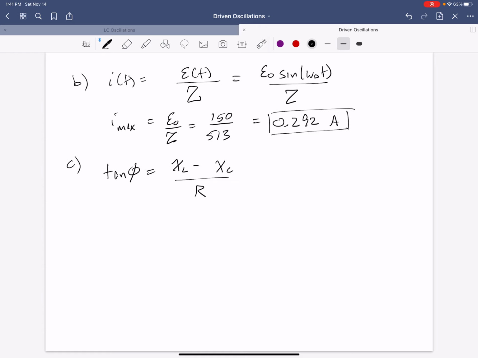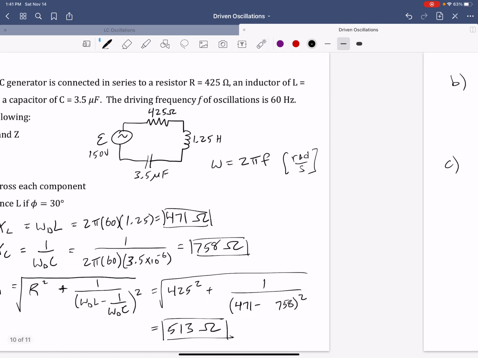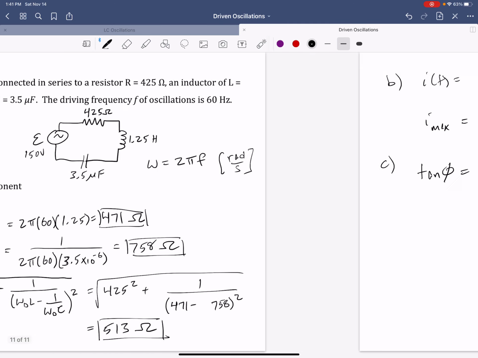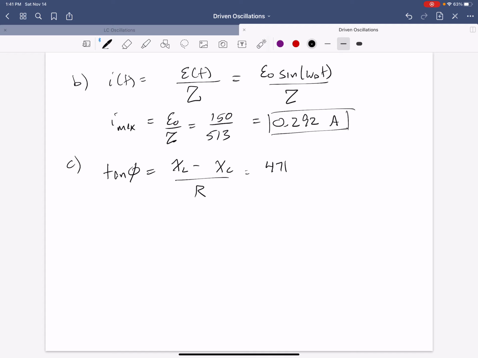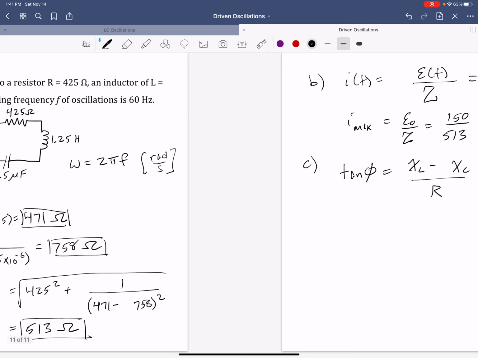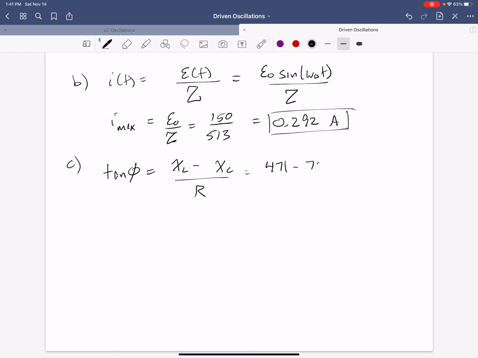Okay, and so we found both of those. Chi L was, in part A, 471. And chi C was, I can't remember, 758? Yes. All over the resistance of 425. And I'm not taking the inverse tangent yet, but we should. Inverse tan of all that.